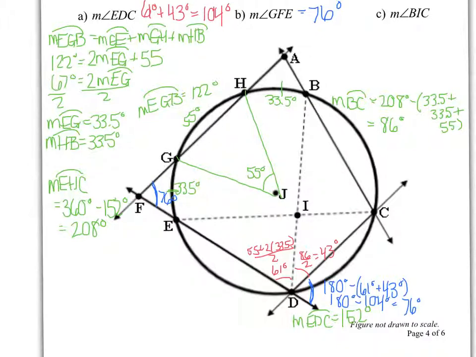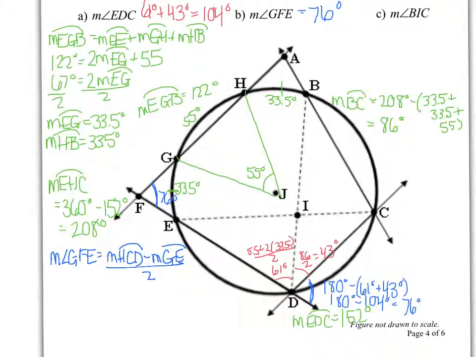Now that we've found the measure of angle GFE, we can use our intercepted arcs theorem to look at this arc minus this arc, divided by 2. So the measure of angle GFE is going to equal the measure of arc, let's call it HCD, minus the measure of arc GE, divided by 2.